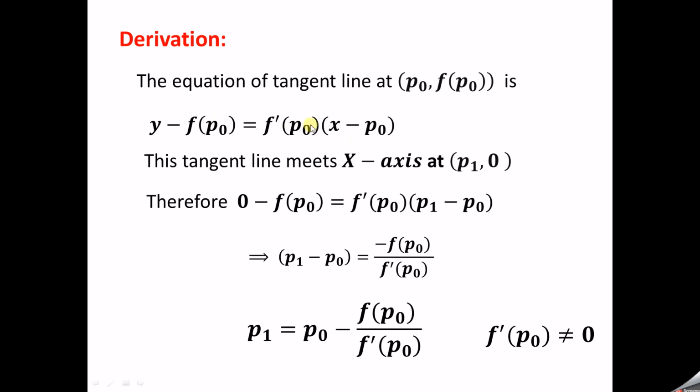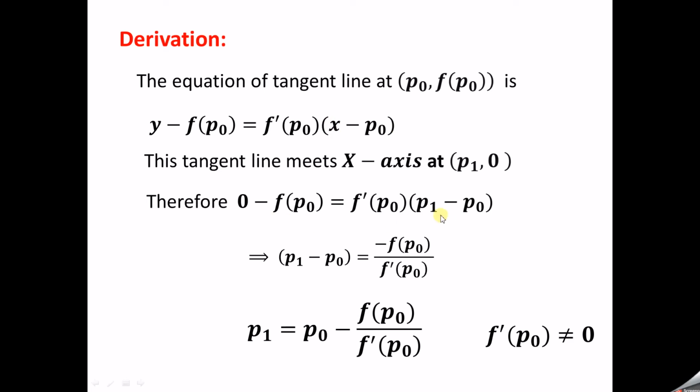In place of x, you can take P1, and in place of y, you can take 0. That is simply substitution. Then we get 0 minus f of P naught is equal to f derivative of P naught times P1 minus P naught.